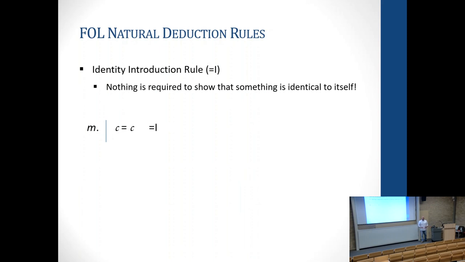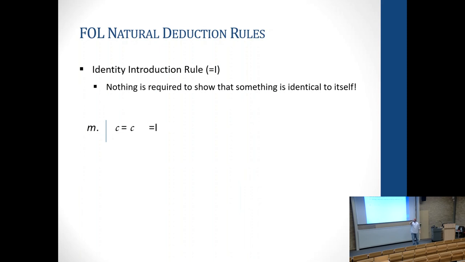The last two rules have to do with identity. So first, we have identity introduction. Identity introduction is whenever you want, you can introduce an identity claim with the same name on both sides. But it has to have the same name on both sides.